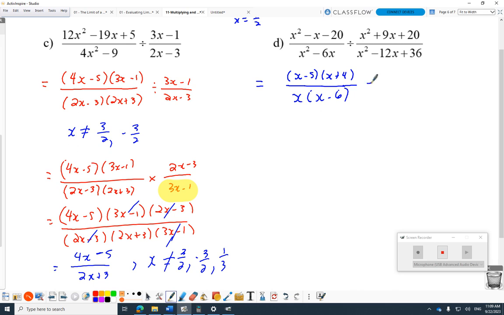And then x squared plus 9x plus 20. X plus 5, x plus 4. Oh, this one though. 2 things that multiply to 36, but add to negative 12. 6 and 6. So I'm going to write it as x minus 6 times x minus 6.